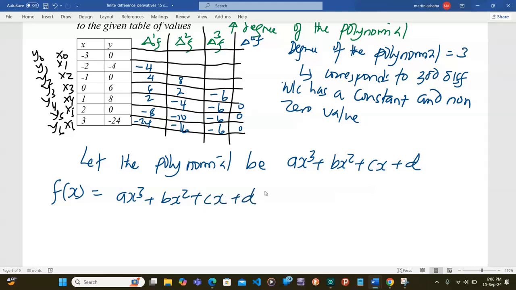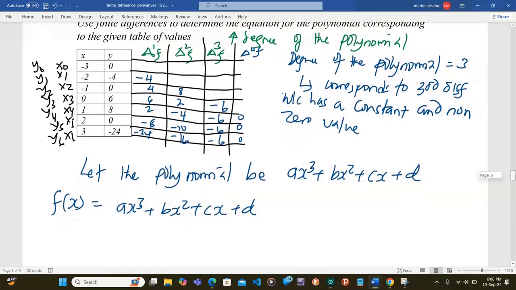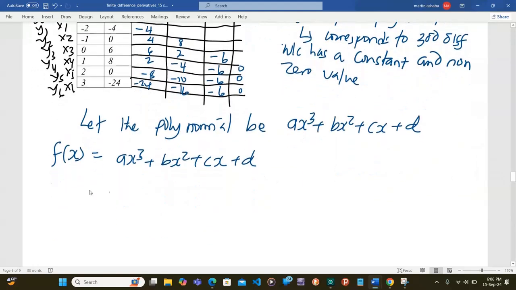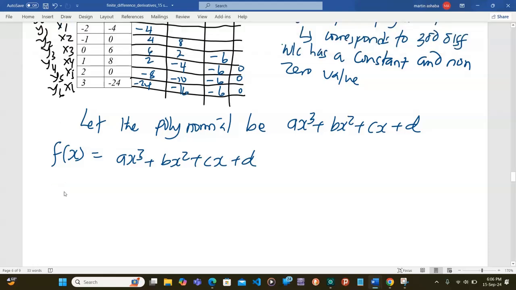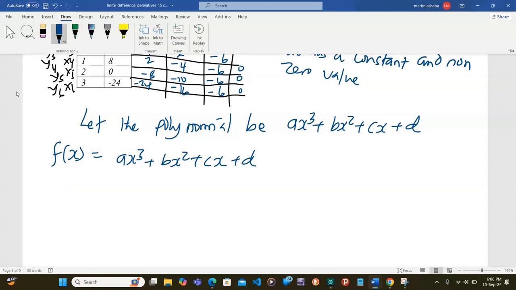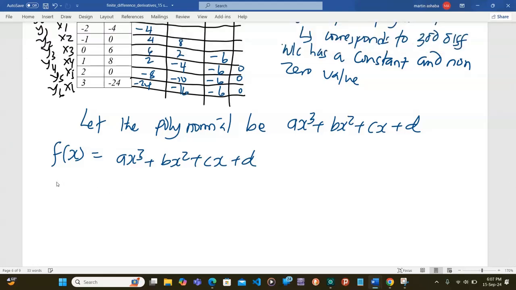Now, how do we get a? We can always obtain it from the fact that there is an expression, 6a h squared, equal to the third difference.